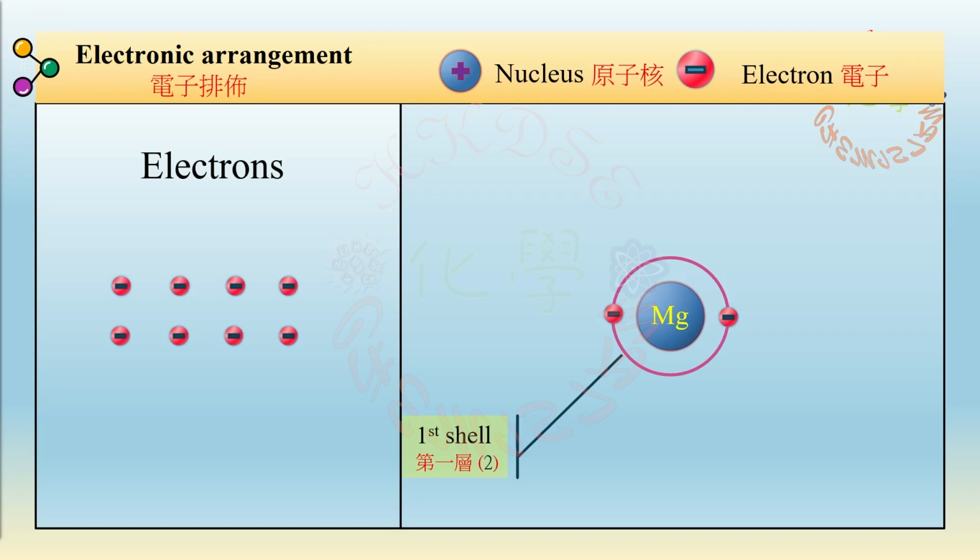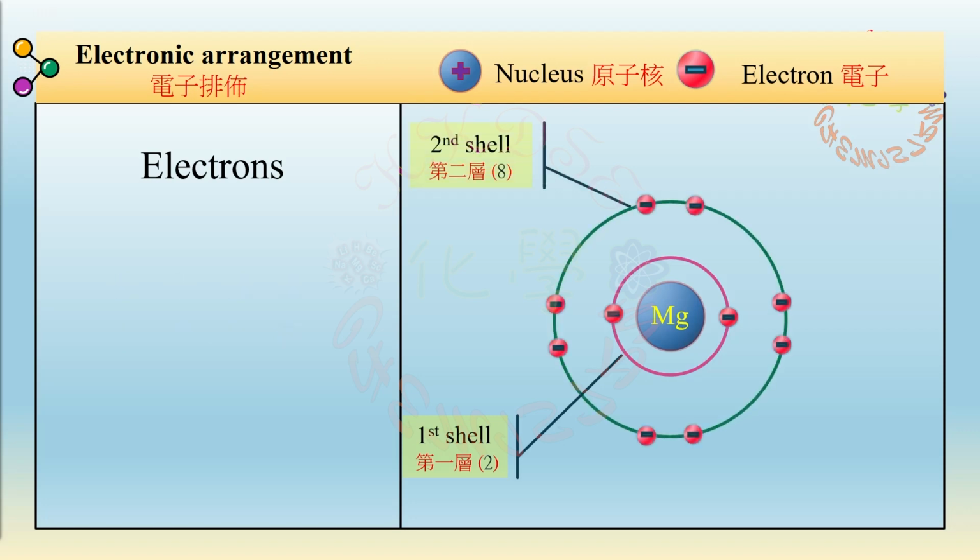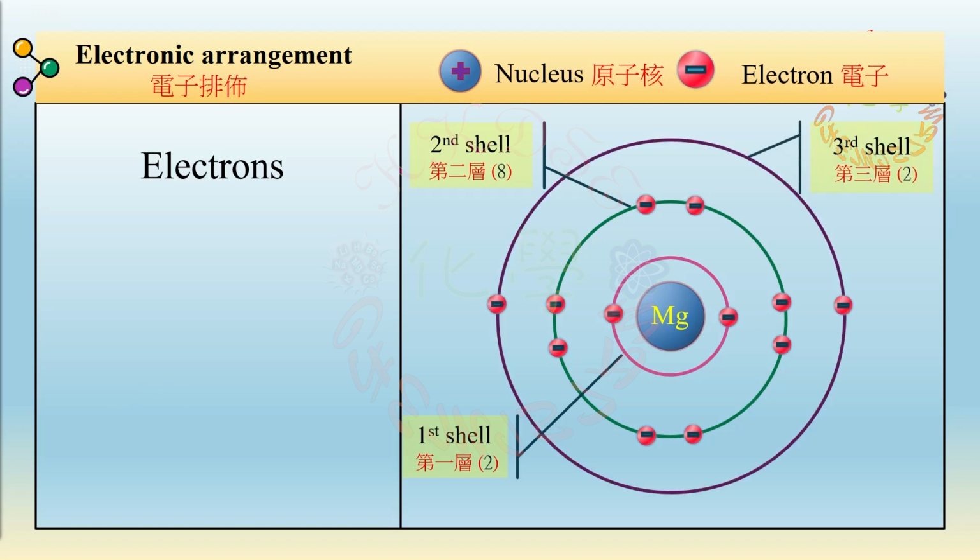The second shell can hold up to 8 electrons. The last 2 electrons go to the third shell. So, when we are drawing the electronic configuration, we have to fill up each shell in turn, starting with the lowest. So, the electronic arrangement of a magnesium atom is 2, 8, 2, shown by Figure 3.